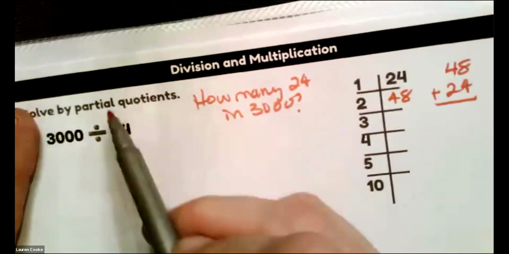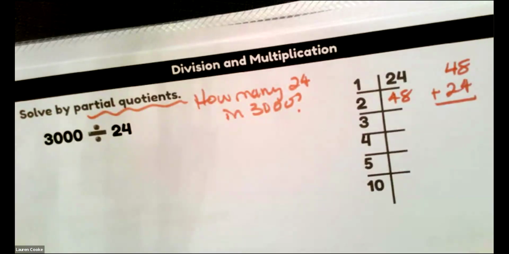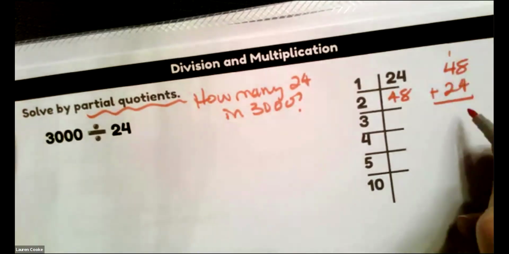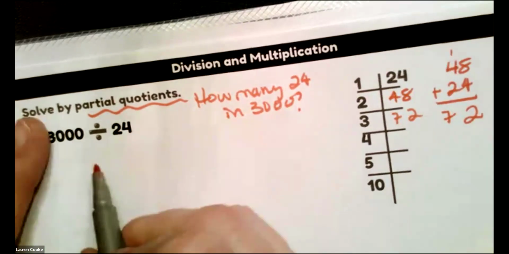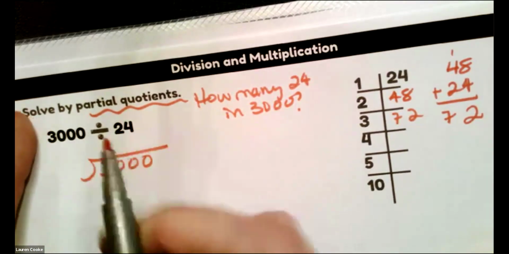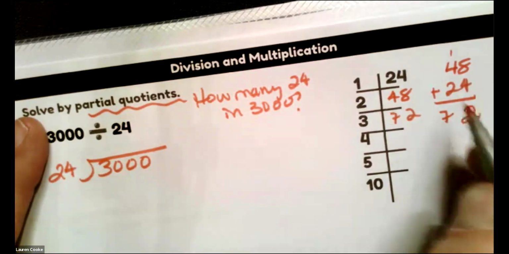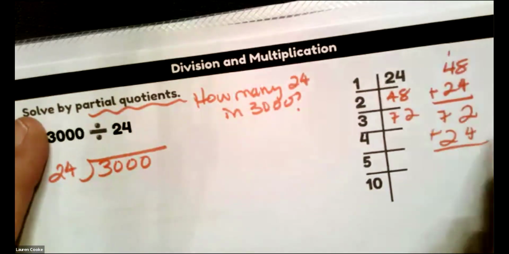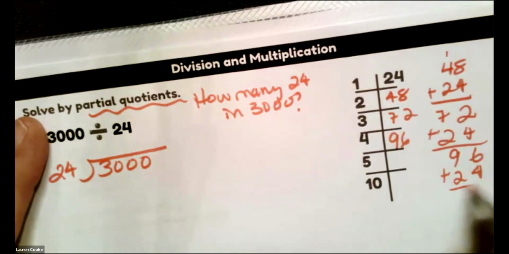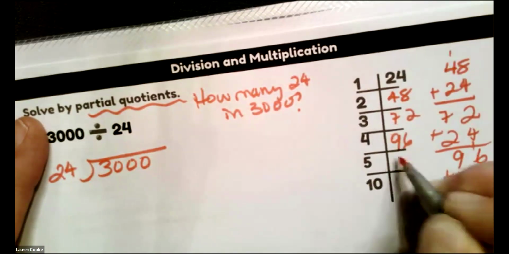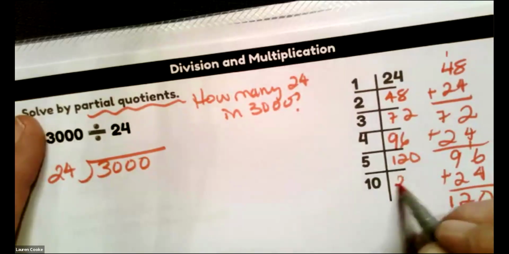I'm first going to do it by partial quotients, and then we're going to make the step and do it by standard algorithm. I'm hoping that's something we're picking up on pretty quickly. And if not, we'll learn it. That's okay. All right, so I have the multiples: 24, 240, 120, and 240.